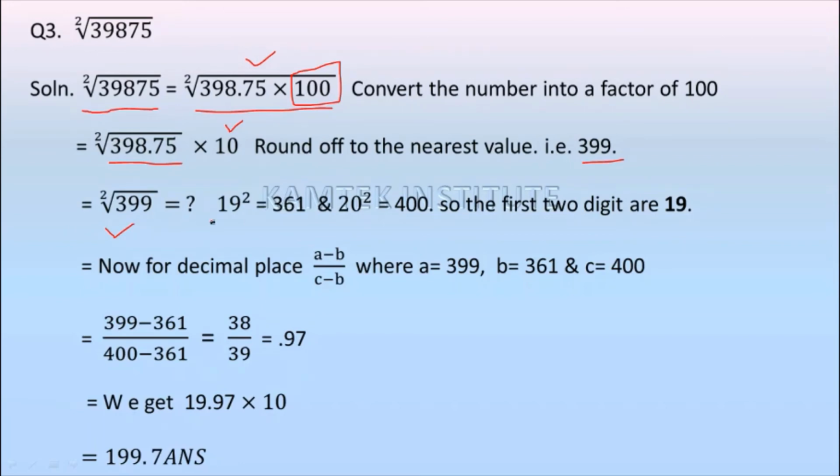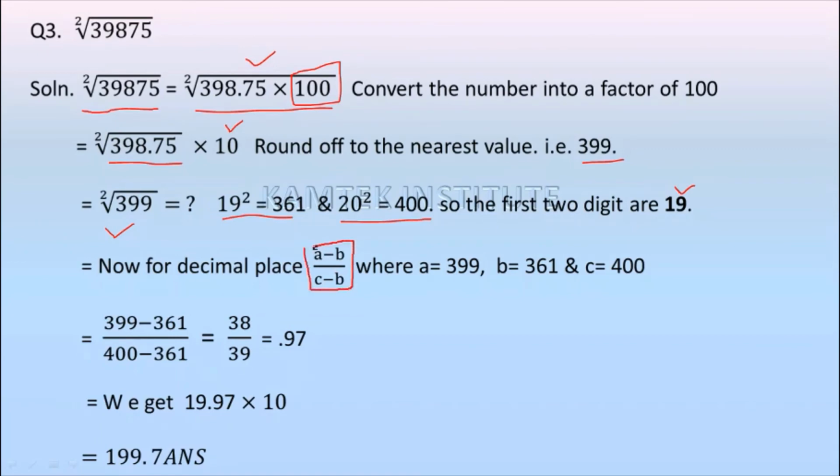If you remember the square table, we know 19 square is 361 and 20 square is 400. So that means square root of 399 is somewhere between 19 and 20. That is 19 point something. So the whole number is 19, and we need to find the numbers in the decimal place. For this we have a formula.